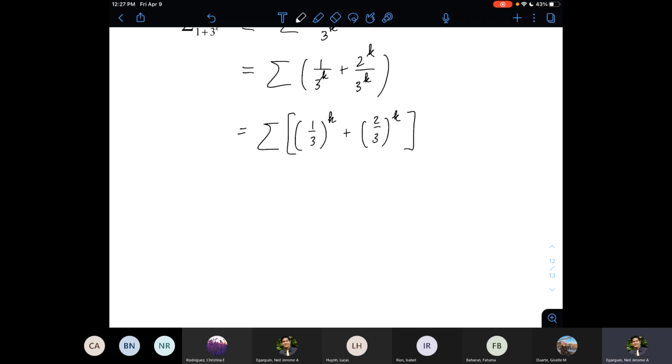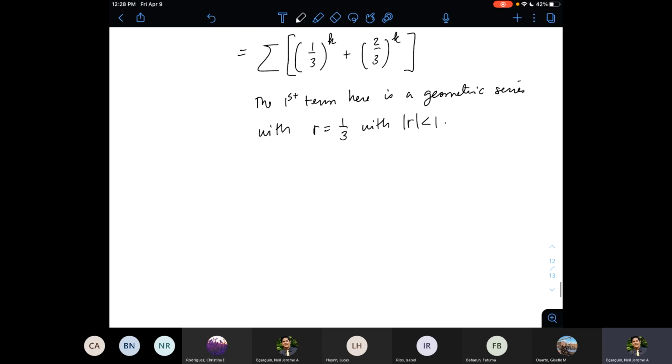All right. So the first term is a geometric series, right? With common ratio r equals 1/3 with magnitude less than 1, making it convergent, right?